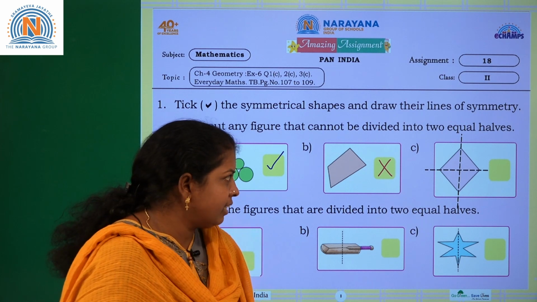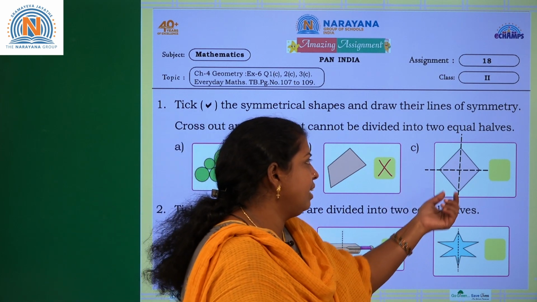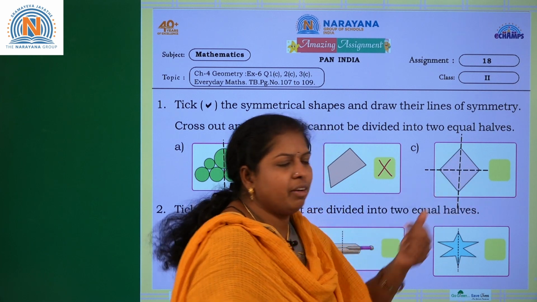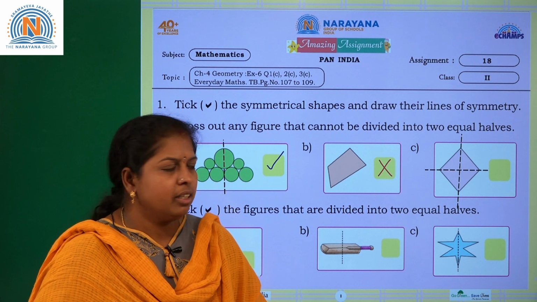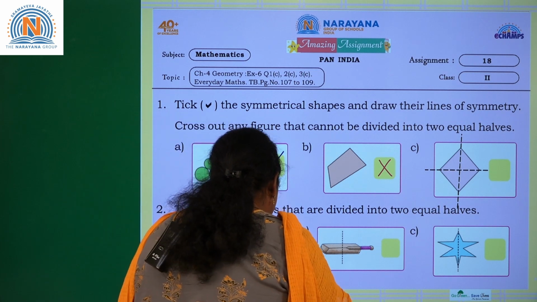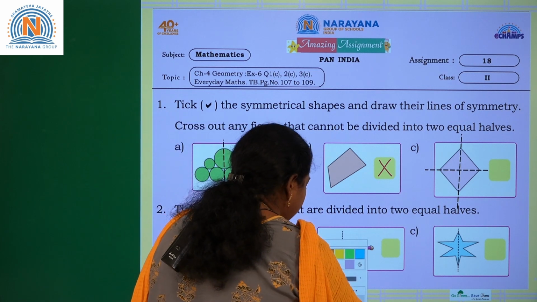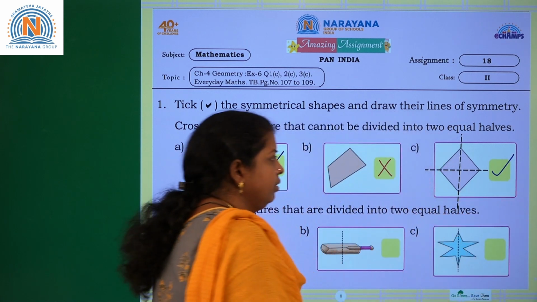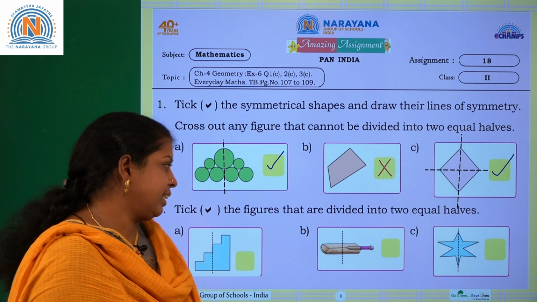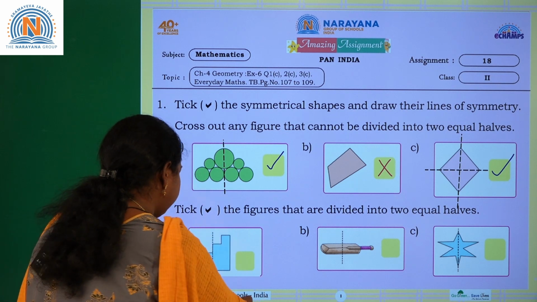You can say that this figure is symmetrical and these are two lines of symmetry for that particular figure. Okay. So you can clearly conclude that this figure is symmetrical. Okay children? Right. Let's do the next one.